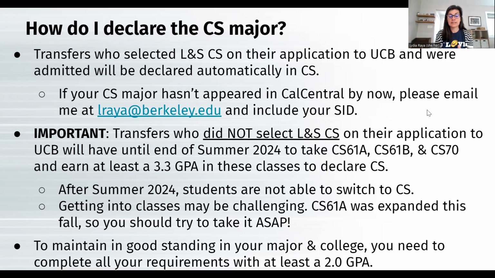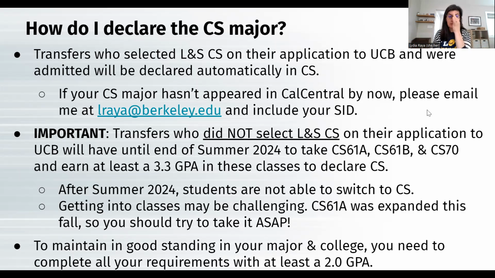And you need to earn at least a GPA of a 3.3 in those classes to declare computer science. After summer 2024, you will no longer be able to switch to CS. So you do need to get started on those prerequisites, either if you're already in the summer, great, or next fall. It is going to be hard getting into the classes, so you want to start trying to take them as soon as possible.